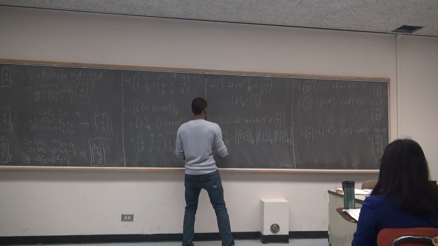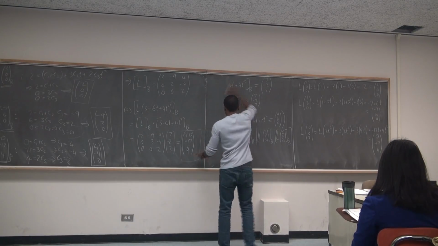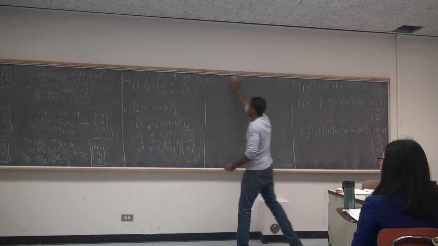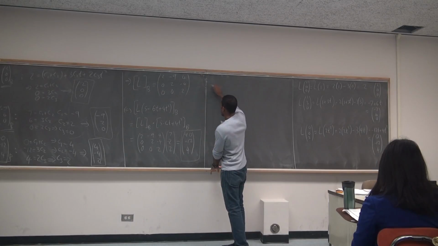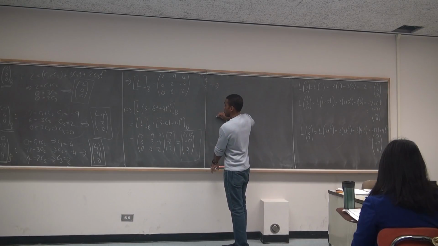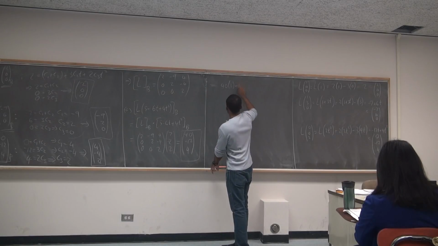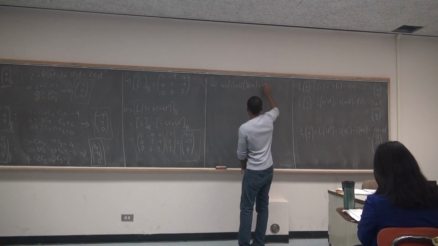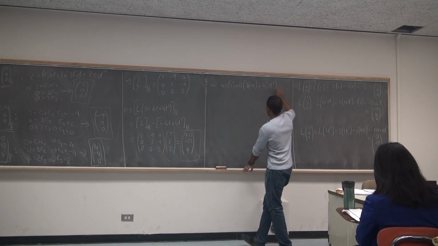Which is equal to 40 times 1 minus 12 times 3t plus 1 plus 4 times 2t squared.